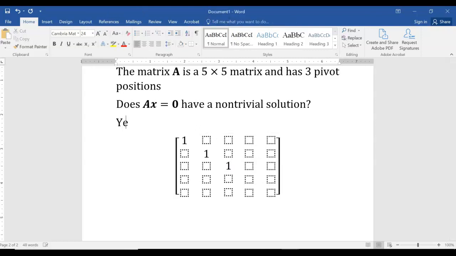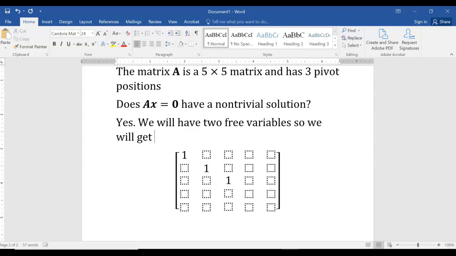So yes, we will have 2 free variables. So we will get non-trivial solutions. In fact, infinitely many of them. Okay.